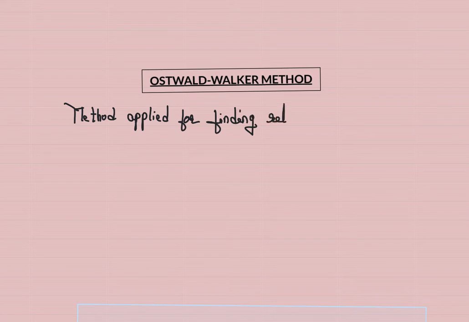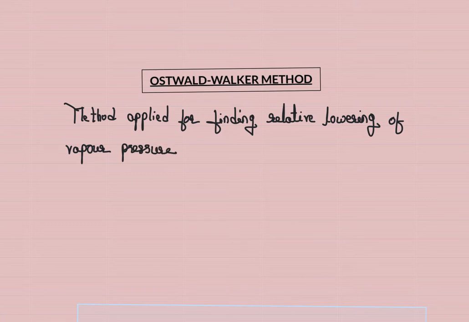So, a method applied for finding relative lowering of vapor pressure of a solution.